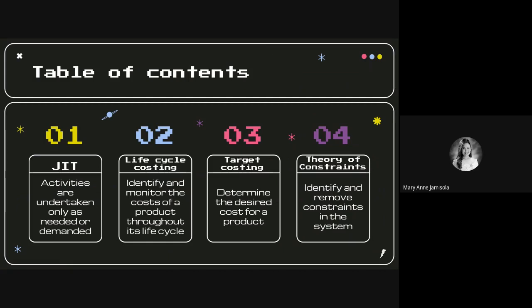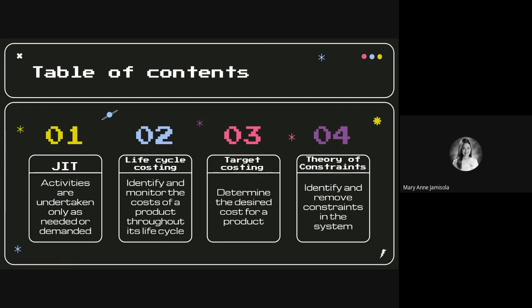Then the last technique is your TOC or theory of constraints. The theory of constraints is a sequential process of identifying and removing what? Constraints. No, from the word itself, theory of constraints. So we will remove constraints in a system.